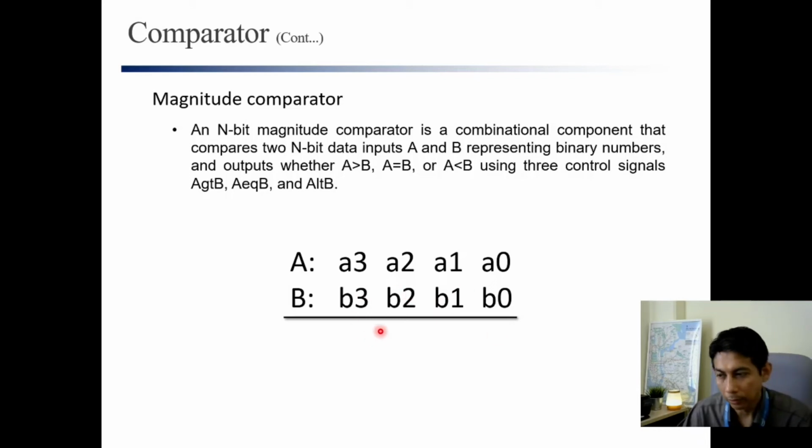How do we design the circuit to detect whether A is more than B, or less than B, or equal to B, right?